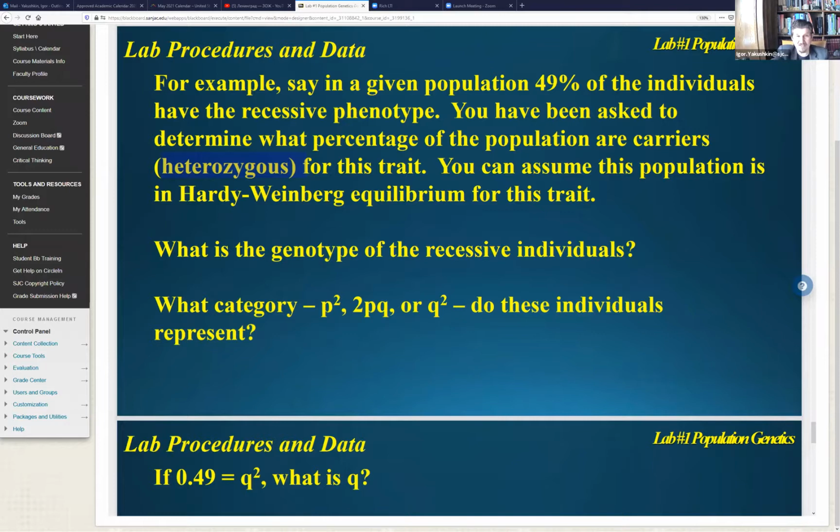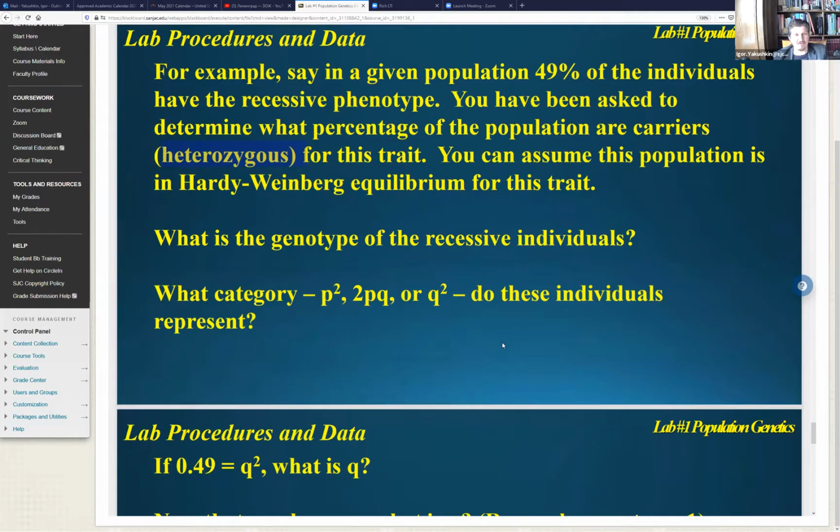So we decide that whatever the trait is, we will call it M. If it's a recessive phenotype, it has to be lowercase m and lowercase m. We used M and F before. So lowercase m, lowercase m, and it would be Q squared. I jumped the gun a little bit there.